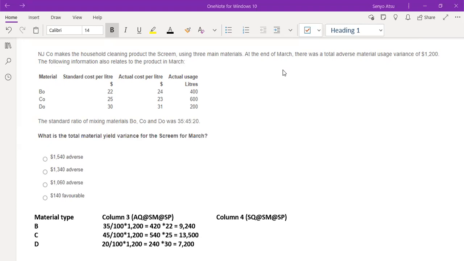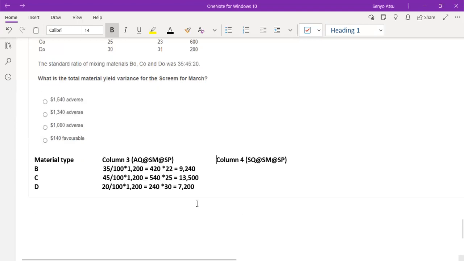Oh, this question is on waste, but look at it. There was a total adverse material usage variance. Let me see something here. We know, revision point, that the material usage variance is what is split between material mix variance and material yield variance.